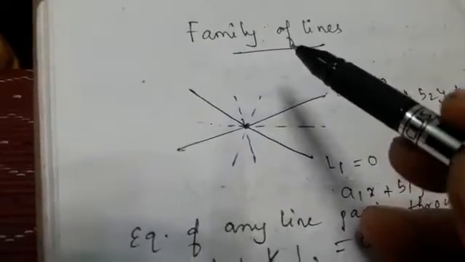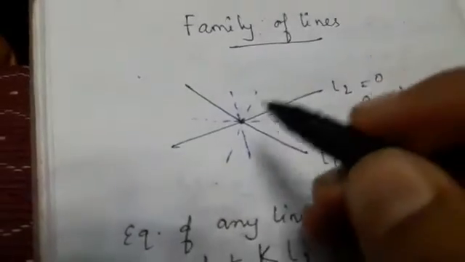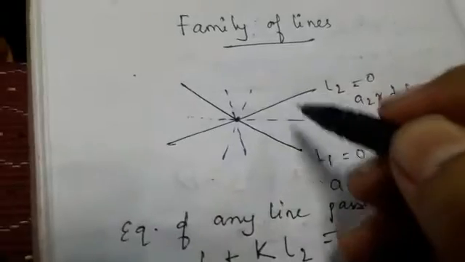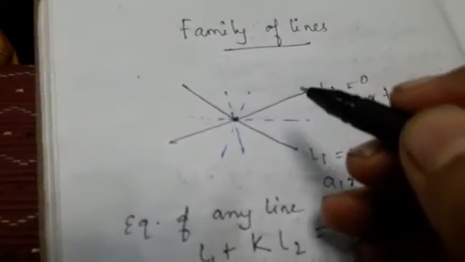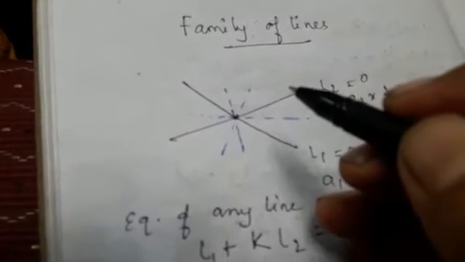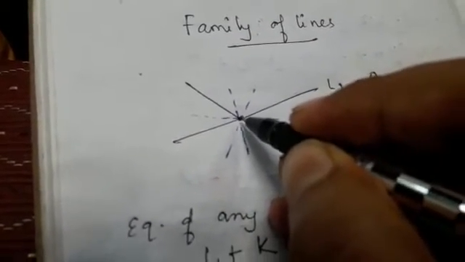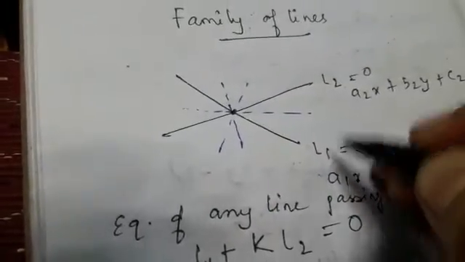And family of lines means the number of lines which can pass through this point of intersection of the two given lines. Clear? So family of lines means the number of lines which can pass through this point of intersection of the two given lines, that is L1 and L2.